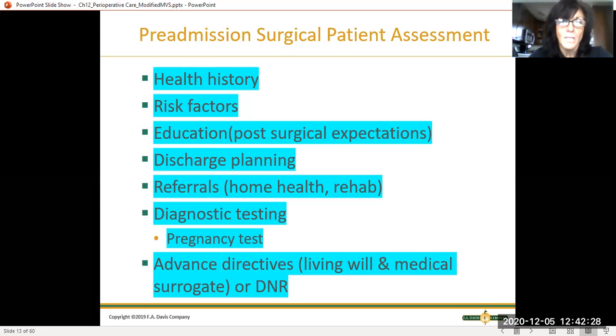Okay. So pre-admission assessment, what must you do? You have to get a health history. You have to gather all the data that includes things like risk factors. You're going to be educating the patient, not so much about the procedure, but what's going to happen to them when they wake up, right? Human beings fear the unknown. And so if we give information, usually that will help quell some fears. So when you wake up, you're going to be in a place called PACU.